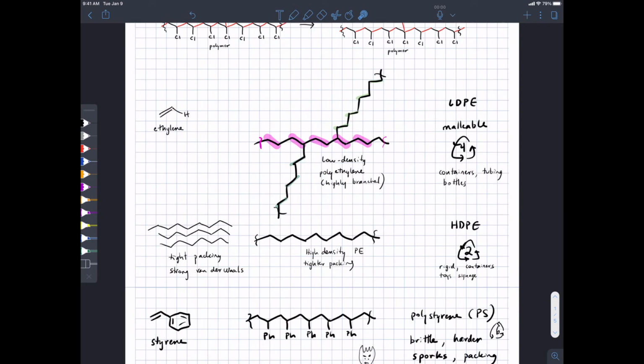The more you have an extended hydrocarbon chain that can tightly pack against other hydrocarbon chains, the higher the melting point is going to be, the stronger the interactions are going to be. Branching gets in the way of that tight van der Waals packing, and so LDPE is far more flexible than high density polyethylene. And you'll find both of these in various applications.